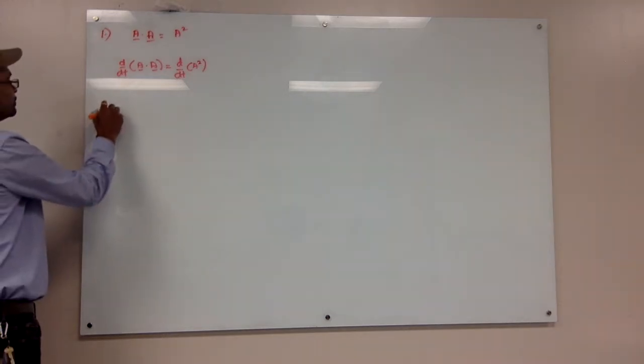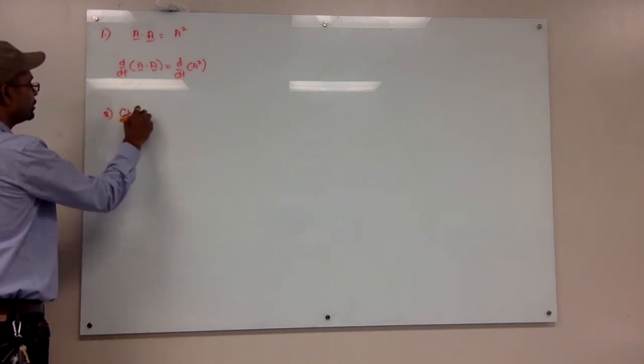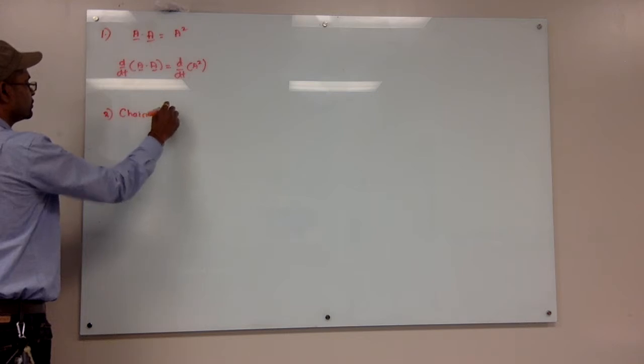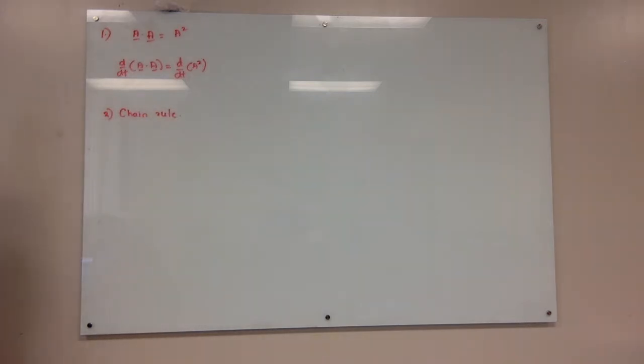The second one, the key term is chain rule. The derivative, right? I'm asking you to do the derivative. I'll just give you one.